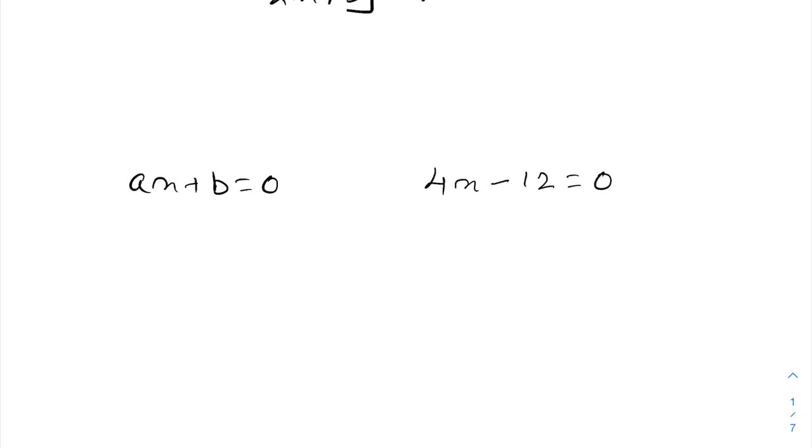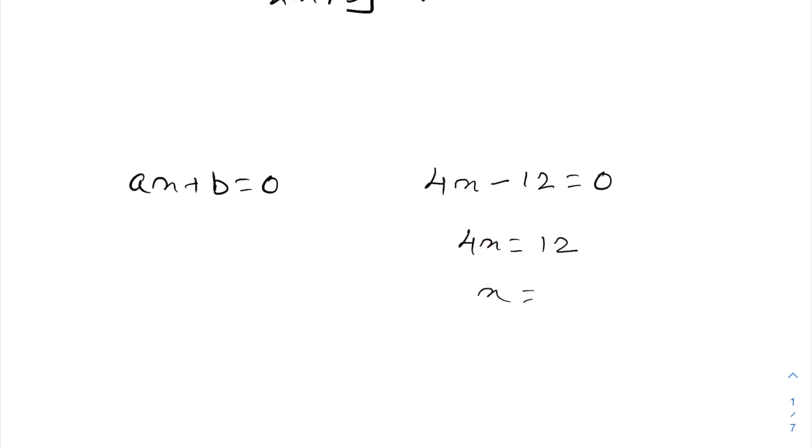For finding the solution of this one, we move all the numbers to the other side. We do not keep any number with the variable x. So what is the first step? 4x equals, we move this minus 12 to the other side, so it becomes plus 12. Then we move this 4 with x to the other side.